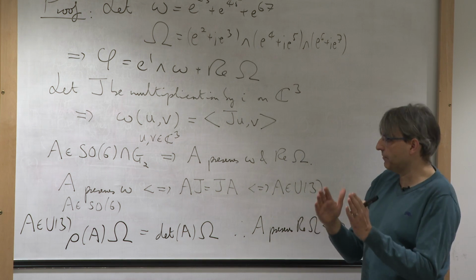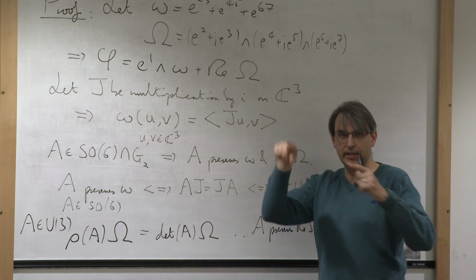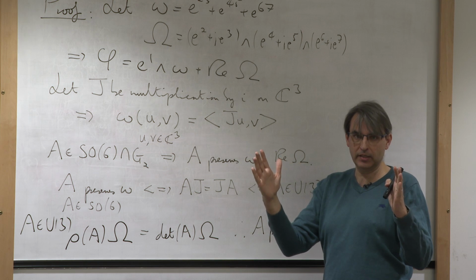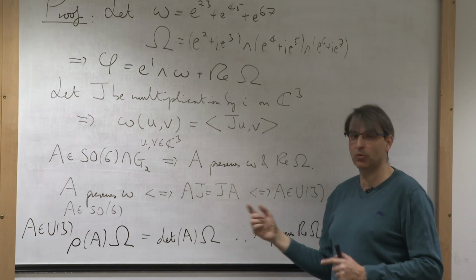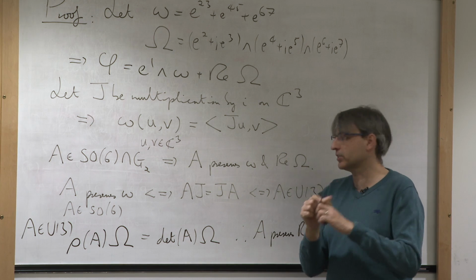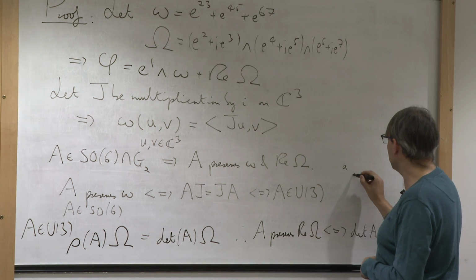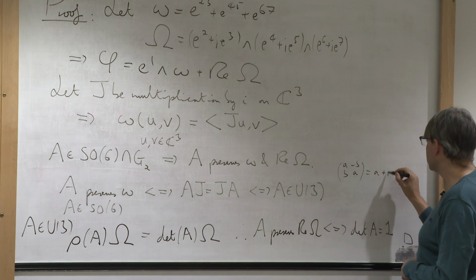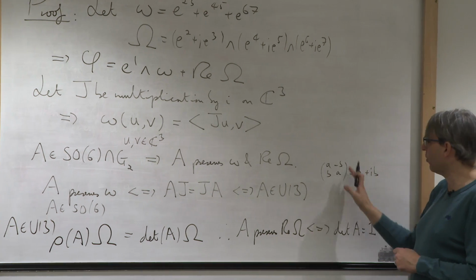And because I have to respect that, what it's saying is that A must then split, respecting that splitting. So a general 6x6 matrix does not respect that splitting, but I can split it into 2x2 blocks. That's what this is saying. And once I do that, those 2x2 blocks are all going to be of the form something like A, minus B, B, A, like this, which I can think of as A plus IB. That's the idea, right? All of them will look like that.